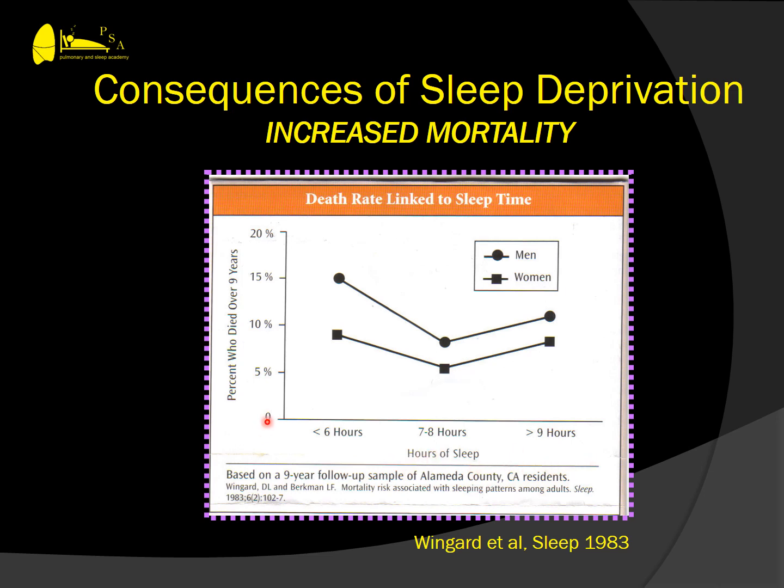If you look on the y-axis, the percent who died over the next 9 years in the study, large populations, revealed that the group sleeping less than 6 hours had a clear increase in mortality, women as well as men, compared to the 7-8 hour group.